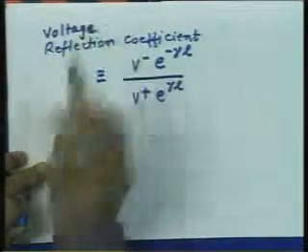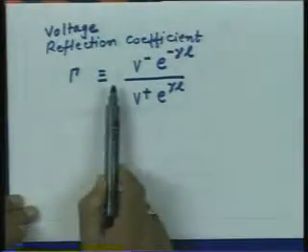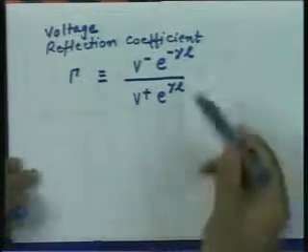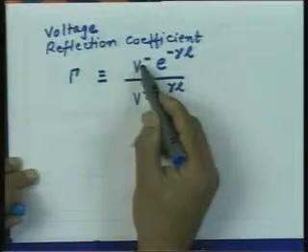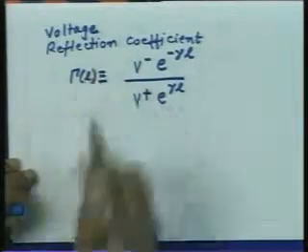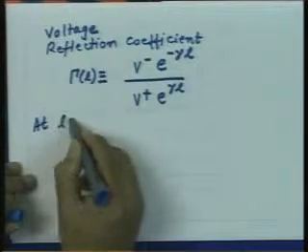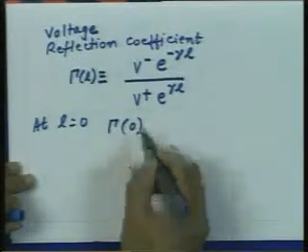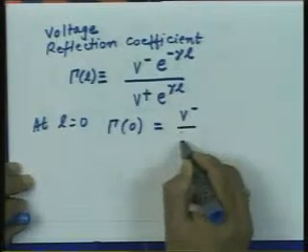So, we have a parameter, the voltage reflection coefficient, which is the ratio of the backward travelling wave to the forward travelling wave. In general, at location L the reflection coefficient is defined like this, but at L equal to 0, gamma, the reflection coefficient at 0 distance, that means at the load point, will be equal to V minus divided by V plus.